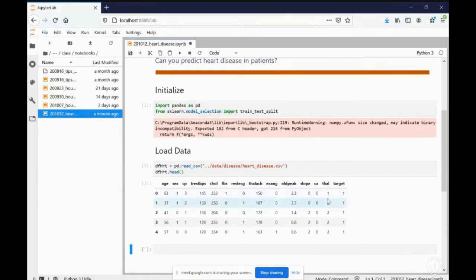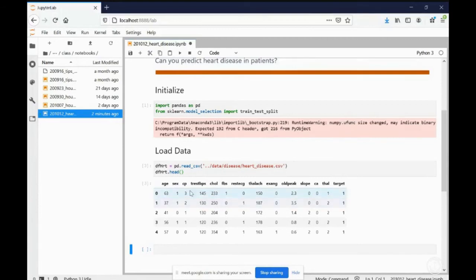So I'm just going through the descriptions of each one of them, right? And then these are the different levels of defectiveness. I think it goes all the way up to a value of 7, I believe. And then the target, which is 1 if the patient was diagnosed to actually have heart disease and 0 otherwise.